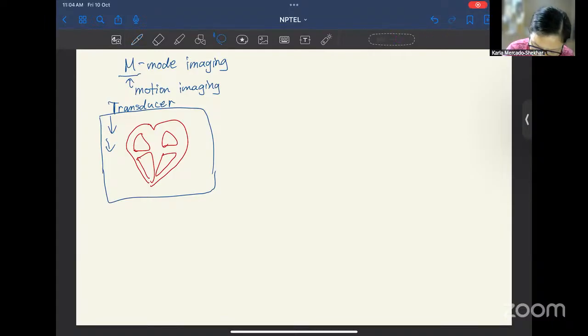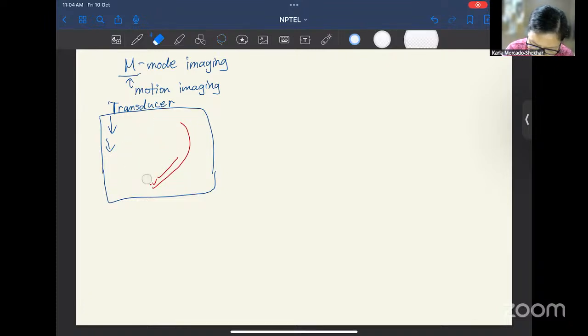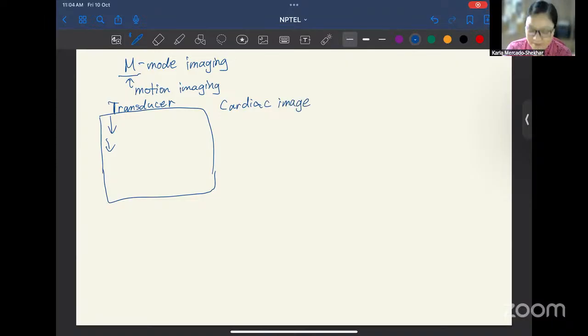Actually, the way I should draw this is, I'm not sure if I'm able to rotate. I can move it around, but nope. Okay, so what you will actually see in a cardiac image, there's a term for heart imaging. It's called echocardiography.